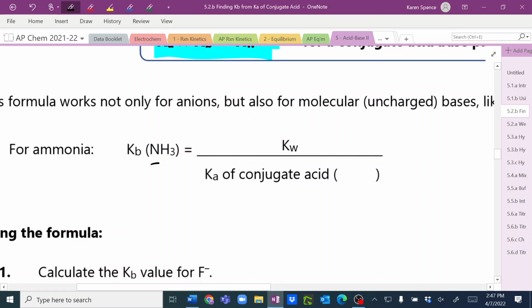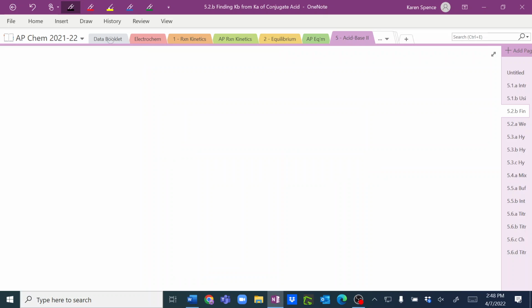Who is the conjugate acid of NH3? I want the conjugate acid. NH4 plus.